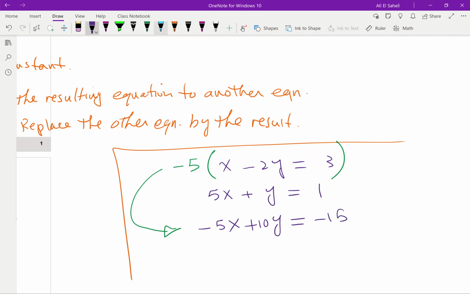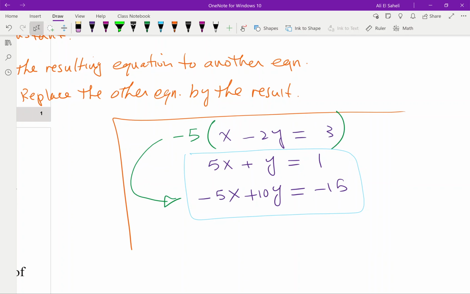Now what do I have? I have this system of equations. If I add the two equations, what happens? 5x plus minus 5x is 0x. y plus 10y is 11y. Add the right side: 1 plus minus 15 is minus 14.